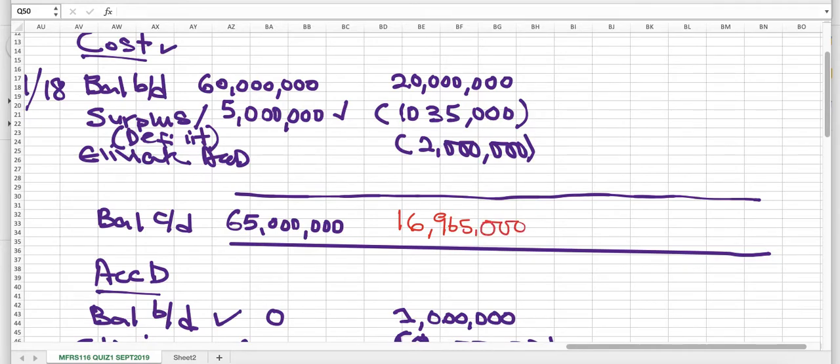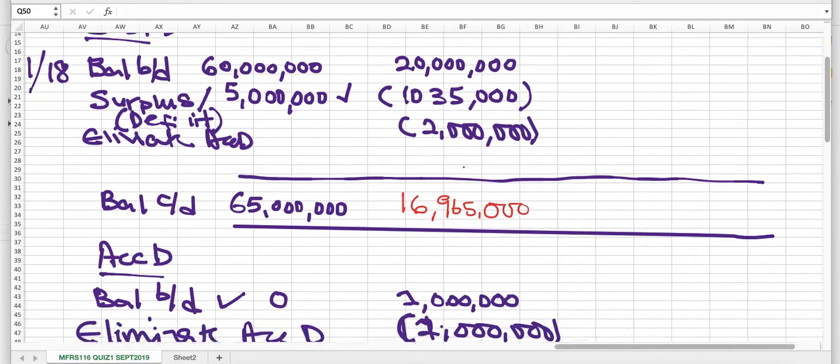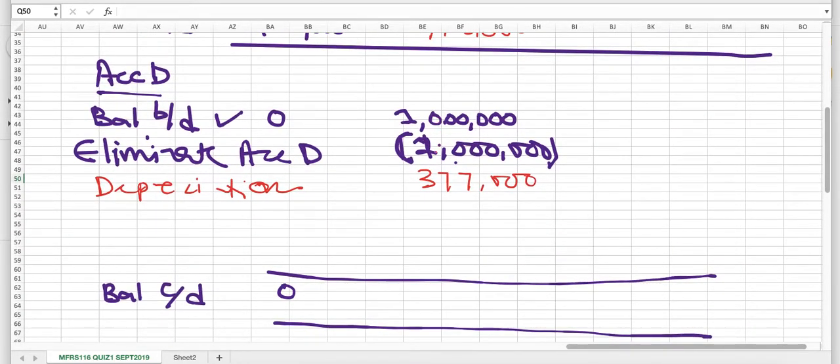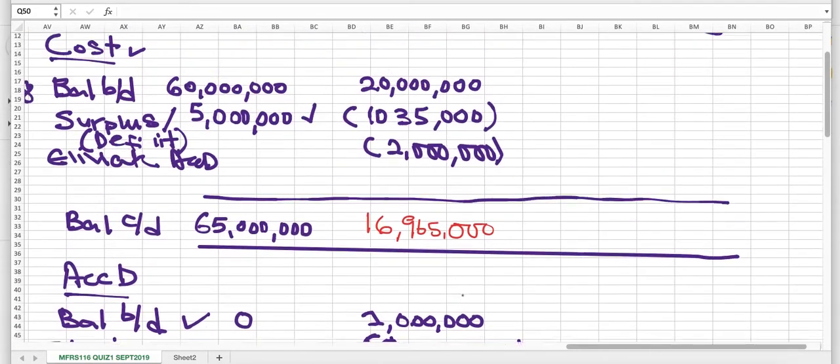This one you add and you minus the cost part. Now the accumulated depreciation, of course, 2 million minus 2 million, and you have this 377,000. This is the new depreciation after you revalue your asset. So you have that balance c/d.